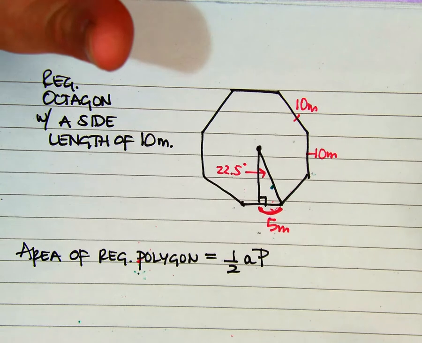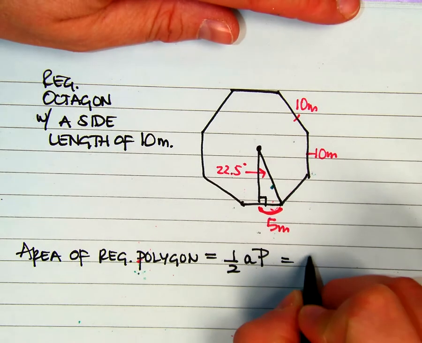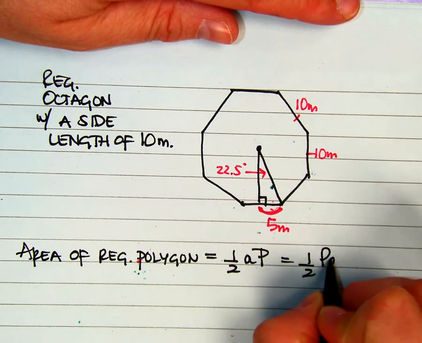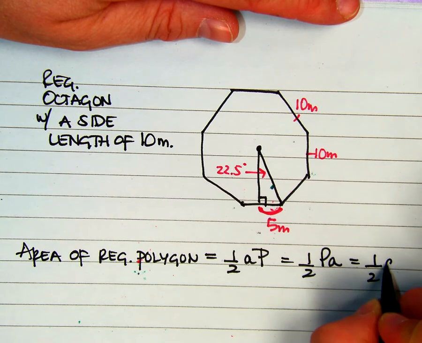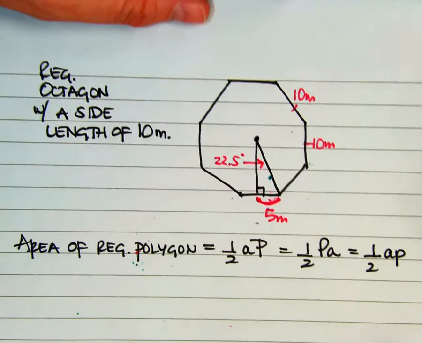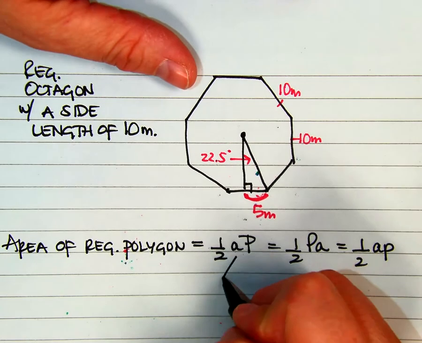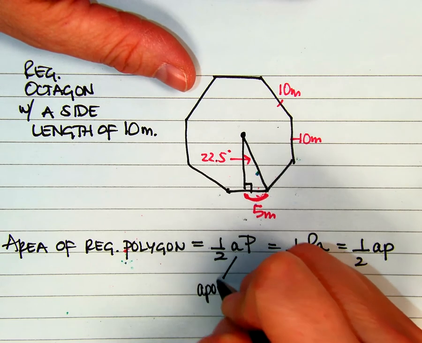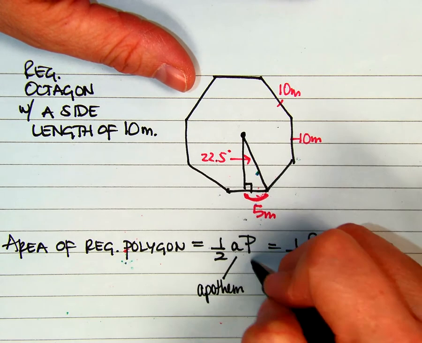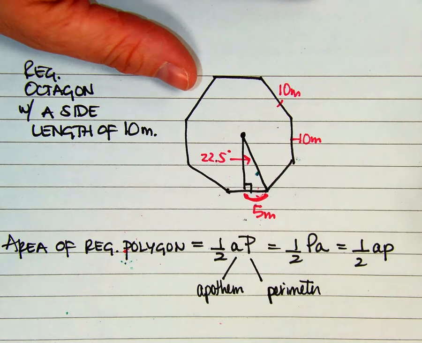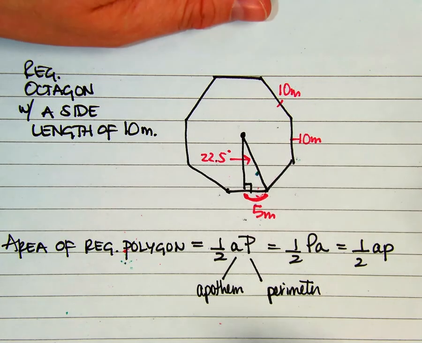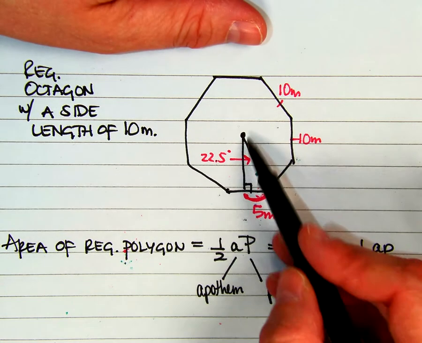Sometimes you'll see the P capitalized, sometimes you'll see it 1/2 PA, sometimes 1/2 AP. It's the same thing. A stands for the apothem, and P stands for the perimeter.